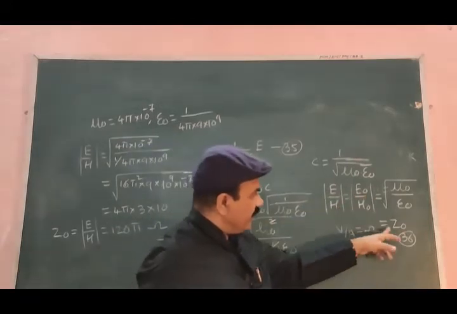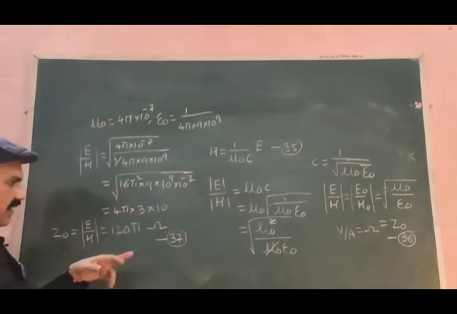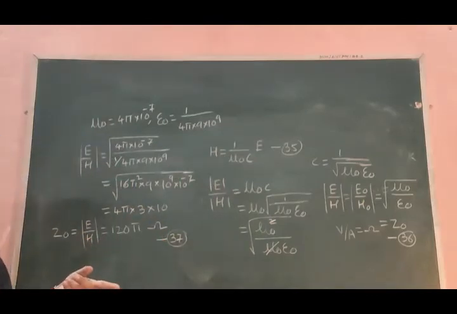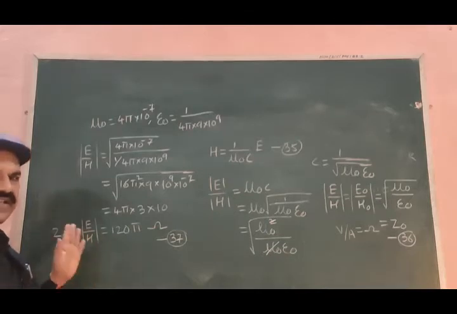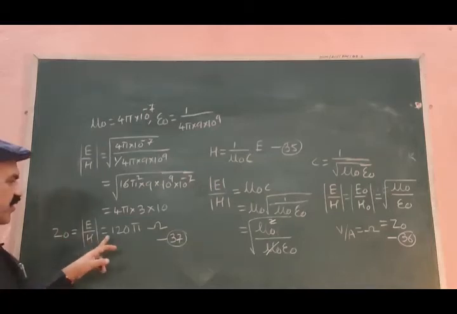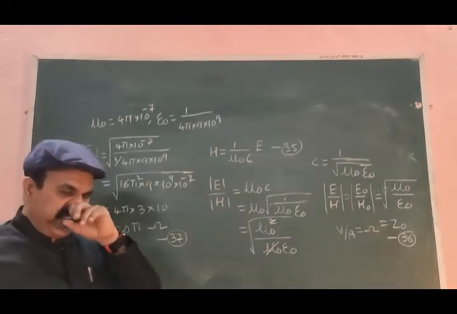Here we have written this as Z0. It is impedance. Volt divided by ampere is ohm, the unit of resistance or impedance. Here it is not pure resistance because it is the free space. Therefore, we shall call this impedance Z0. So, impedance Z0 here is taken as 120 pi ohm.